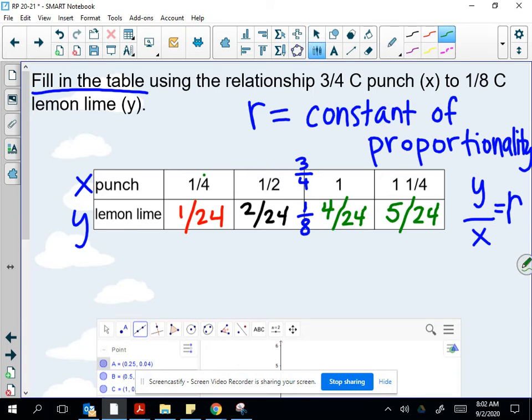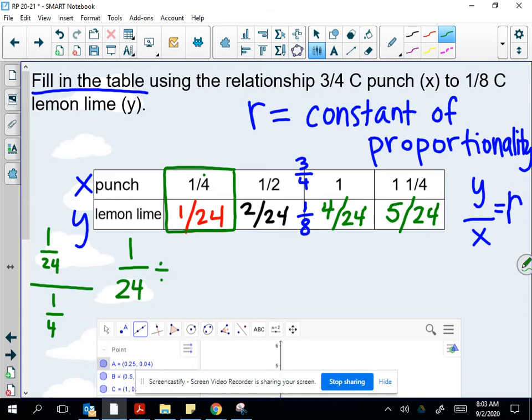I'm going to start with this point here. I know I'm doing y divided by x. My y here is 1 24th. Now I could write this 1 24th divided by my x, which is 1/4.